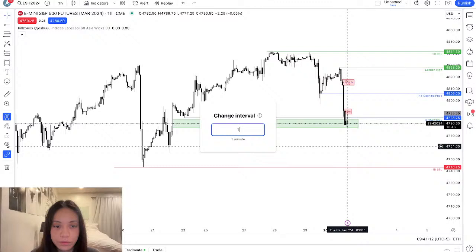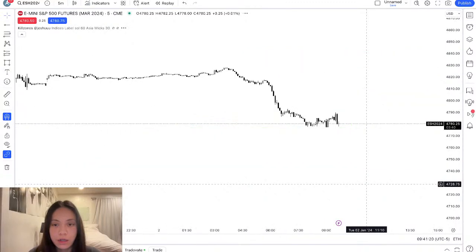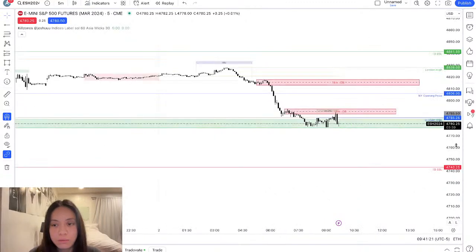Or maybe weaker and it still has room to go down. But like I said, I'm more bullish. So what I'm seeing is that it took out some equal lows on ES and it's able to push back up.